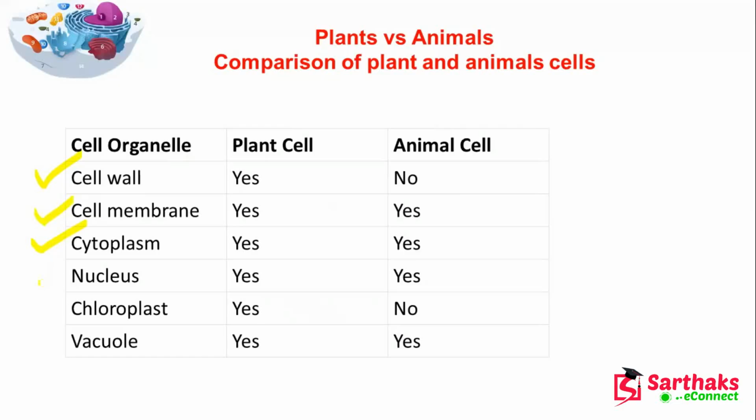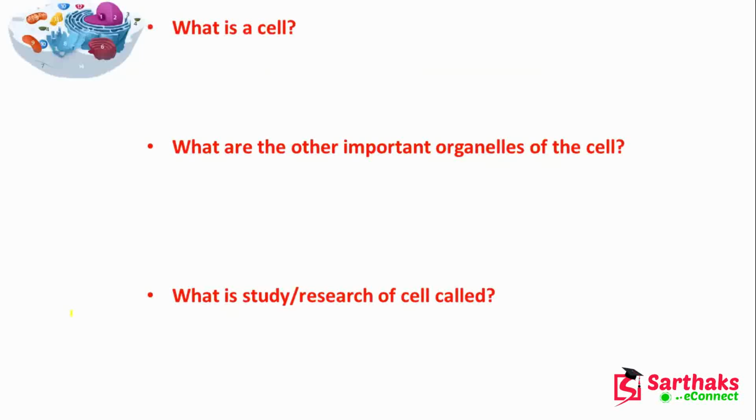Cytoplasm, both of them have. Nucleus, both of them have. Chloroplast, we have in the plant cell because they do photosynthesis. In the animal cell, the energy is produced by respiration, so there is no chloroplast there. Vacuole, yes, both of them have the vacuole.